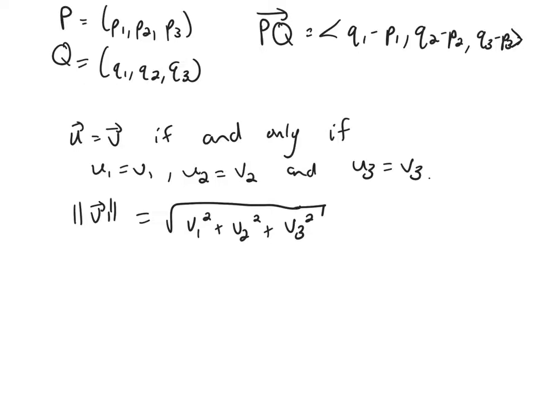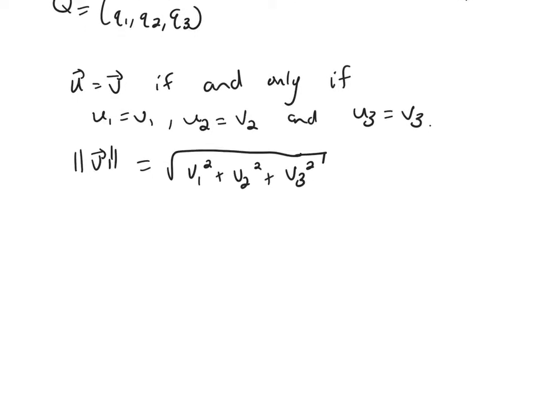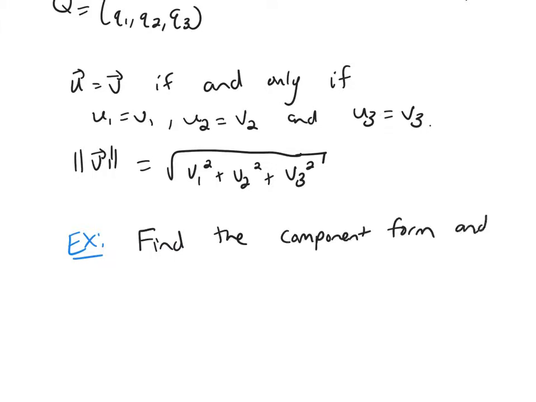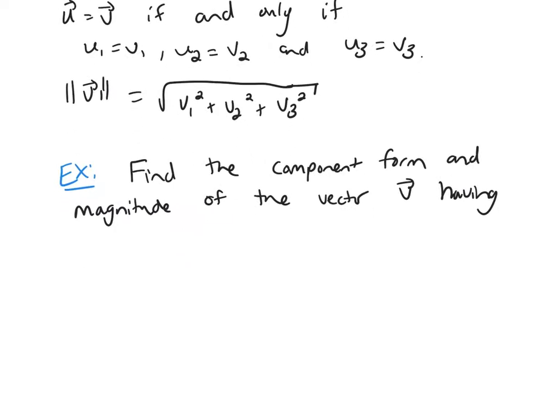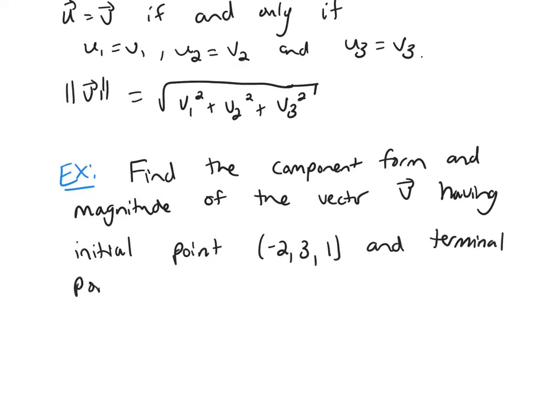So let's look at a problem involving vectors in space. Let's find the component form and magnitude of the vector v having initial point (-2, 3, 1) and terminal point (0, -4, 4).